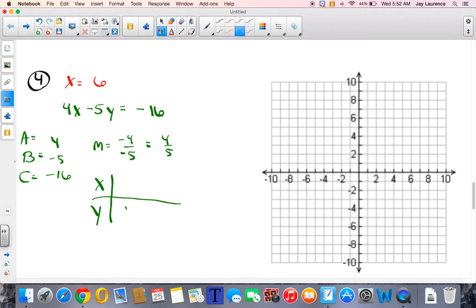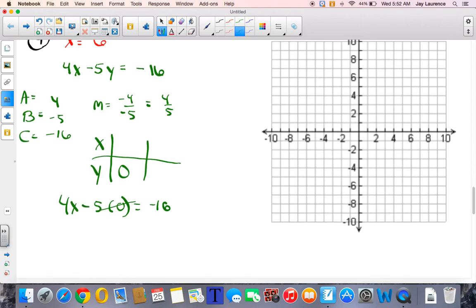So I'm going to find the x-intercept again. And so I'm going to go 4x minus 5 times 0, just substituting 0 in for y, equals negative 16. This is going to cancel, yielding the equation 4x equals negative 16, divided by 4, divided by 4. X is going to equal negative 4.